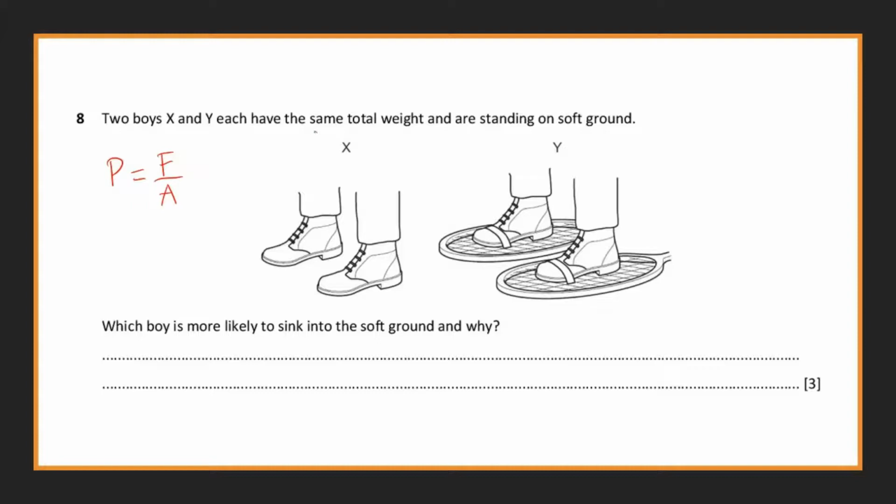Now from the problem we know that they have the same total weight. So the boys exert the same amount of force or weight on the soft ground. Since the forces are equal for both boys, we can compare their pressure by comparing the contact area between each boy and the soft ground.